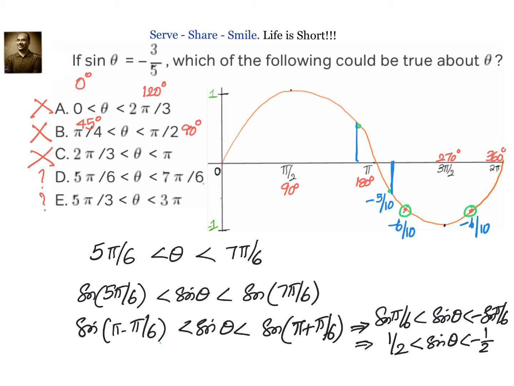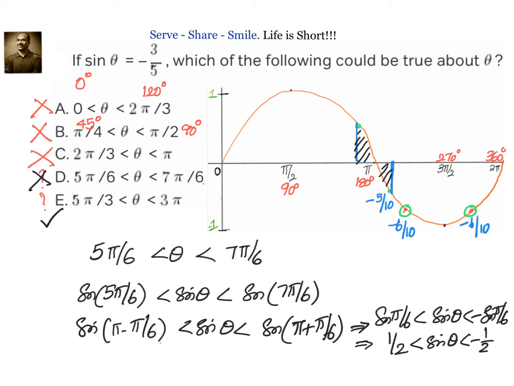So we can clearly see that the window of D does not have our sine theta value. The sine theta value we want is outside the window. So option D is wrong and option E is correct.